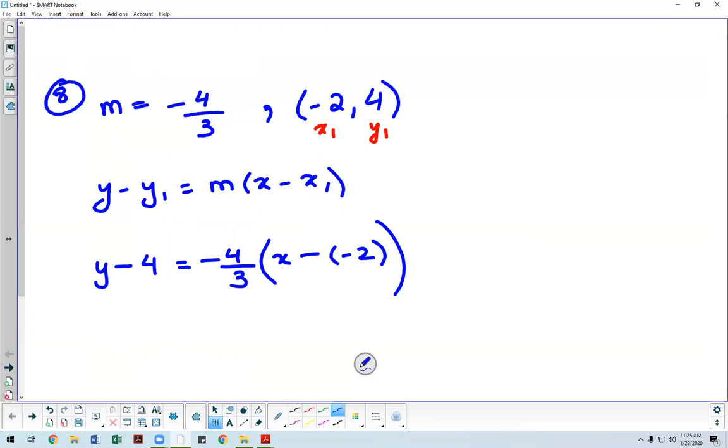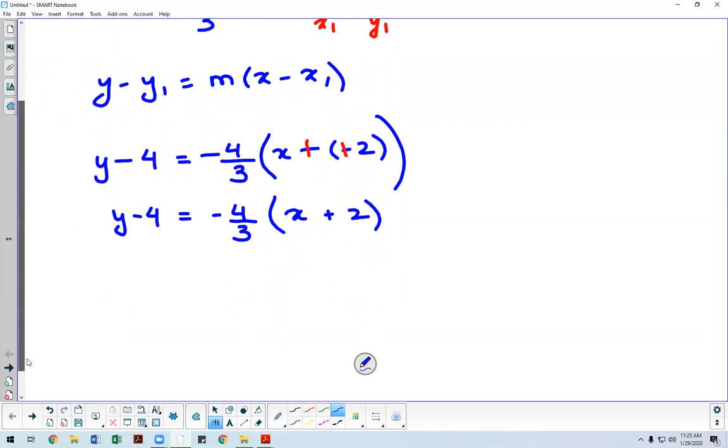Okay? So basically just cleaning this up, of course, our 2 negatives here in the parentheses will end up becoming positive. So you've got y minus 4 equals -4/3, parentheses, x plus 2.